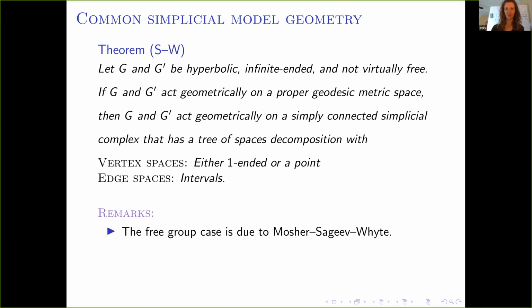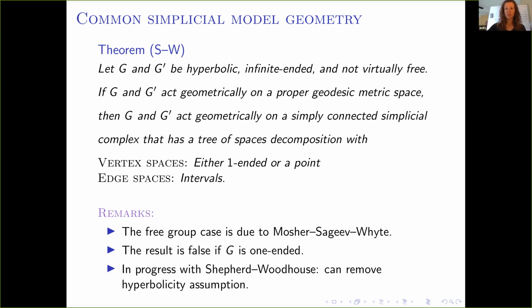So that case is handled. In general, the result is false if the group G is one-ended. For example, you can show that the fundamental groups of incommensurable hyperbolic manifolds cannot act on the same simplicial complex. So infinite-ended is needed in general.